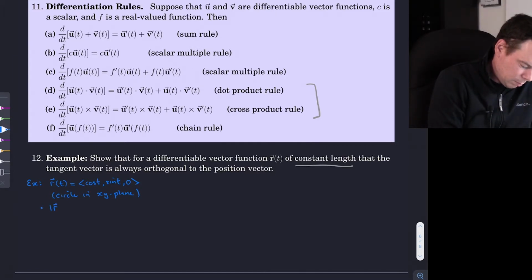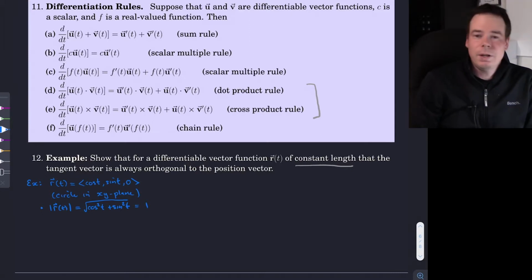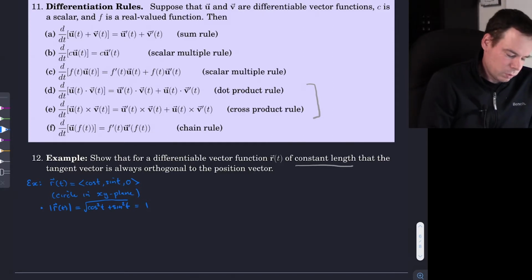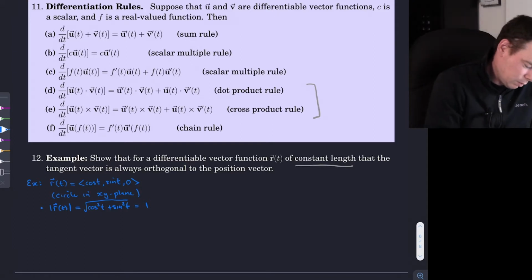Well, if I take the magnitude of r of t, that's the square root of cos squared t plus sine squared t, which is the square root of 1, which is 1. So yeah, it's of length 1. So this vector valued function is of constant length, and so this result says that the tangent vector is always going to be perpendicular to the position vector.